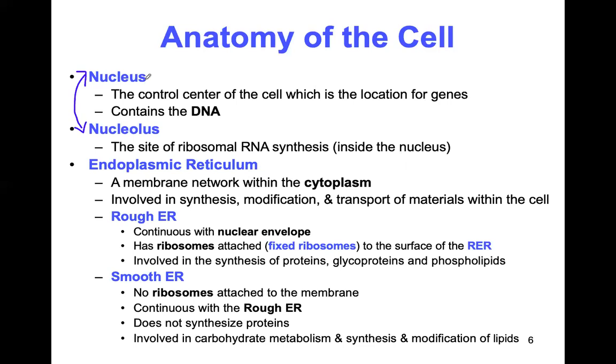Now remember, around the nucleus is the nuclear envelope that has the nuclear pores, those holes. Well, it's the ribosomal RNA that's going to find its way out through the nuclear envelope, through the nuclear pores.